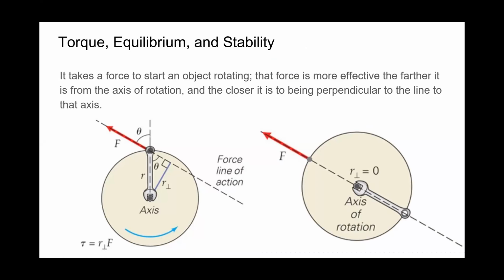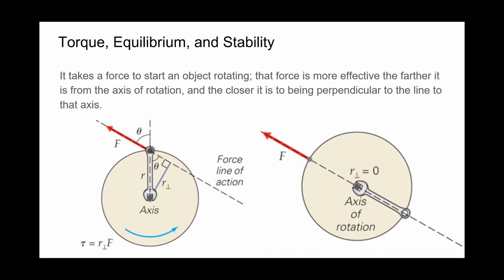When it comes to torque, equilibrium, and stability, it takes a force to start an object rotating. An external force should be applied on an object to get it rotating. That force is more effective if it's further away from the axis of rotation.